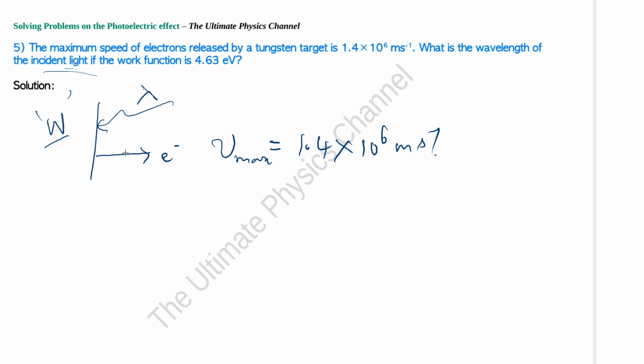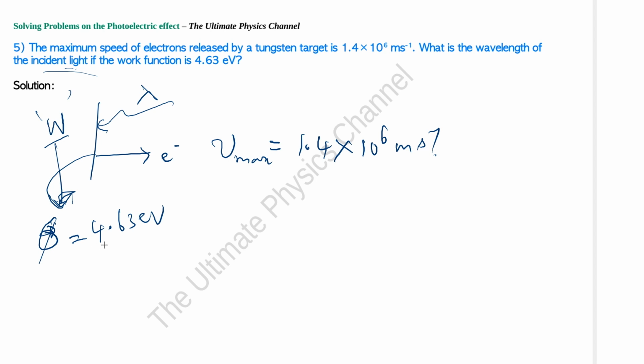It is lambda. If the work function of tungsten metal is given as phi is equal to 4.63 eV. So based on this work function, we can get threshold wavelength, right?